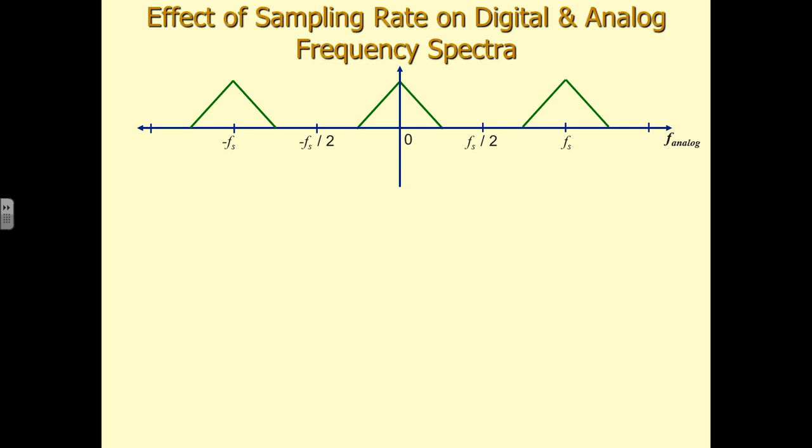As we studied already, the sampling process creates multiple copies of the spectrum of the incoming signal, where those copies are centered on every integer multiple of the sampling frequency.